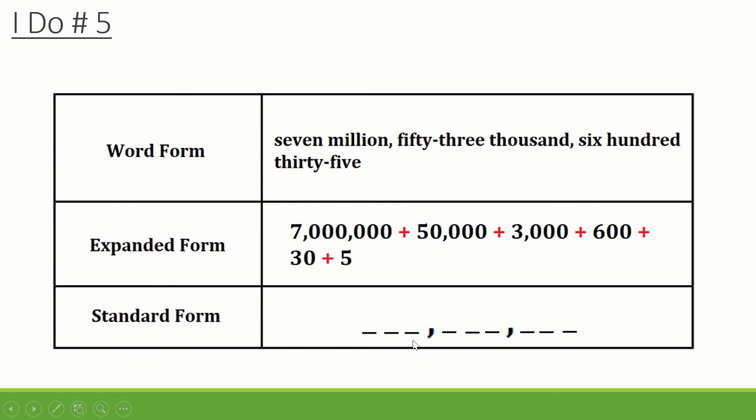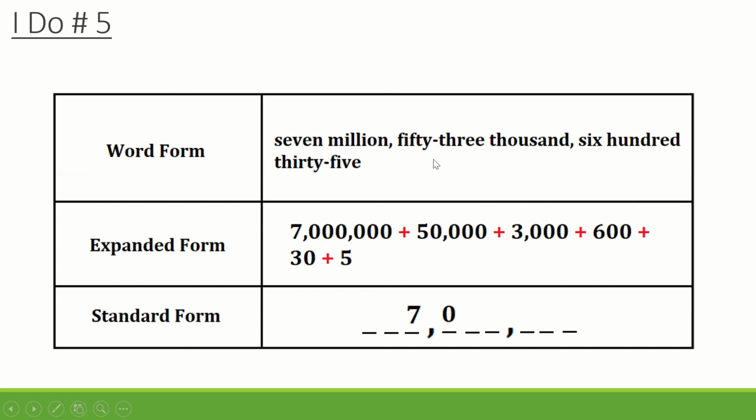So this is the 7th place value, and that is 7 million. And I now cross over into my thousands period. I can note both here in expanded form but also in word form that we do not have a digit of value in the hundred thousands place. So I can put a 0 here.